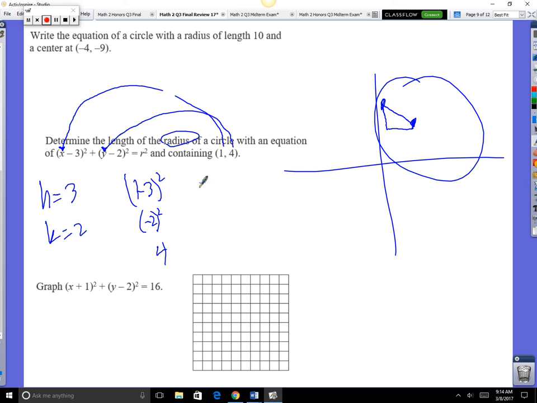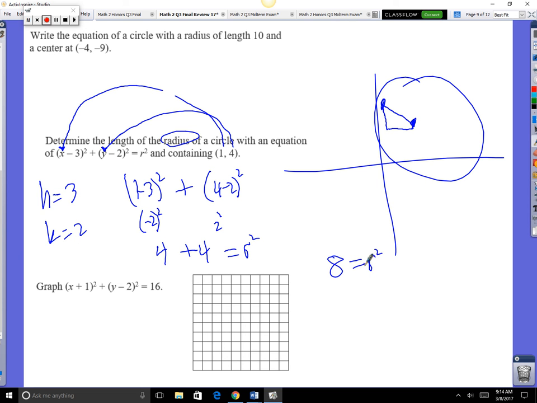And then we can do the y, 4 minus 2 squared, which is 2 squared, which is 4. 4 plus 4 equals r squared. So we've got 8 equals r squared.